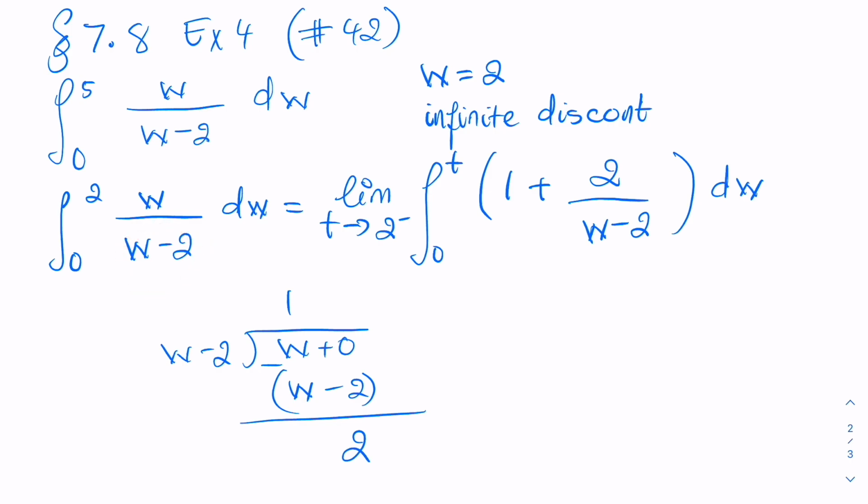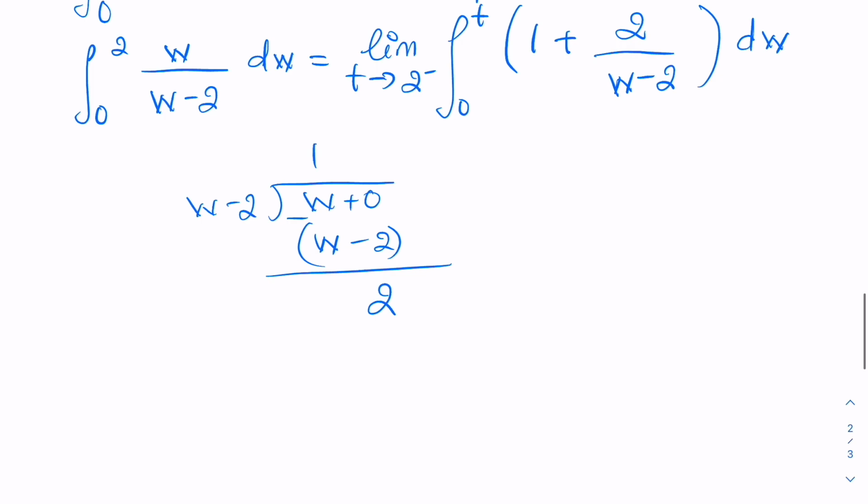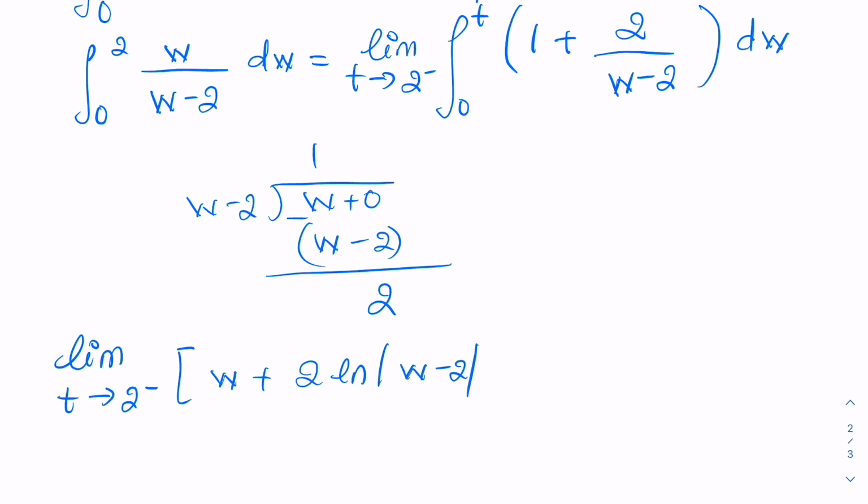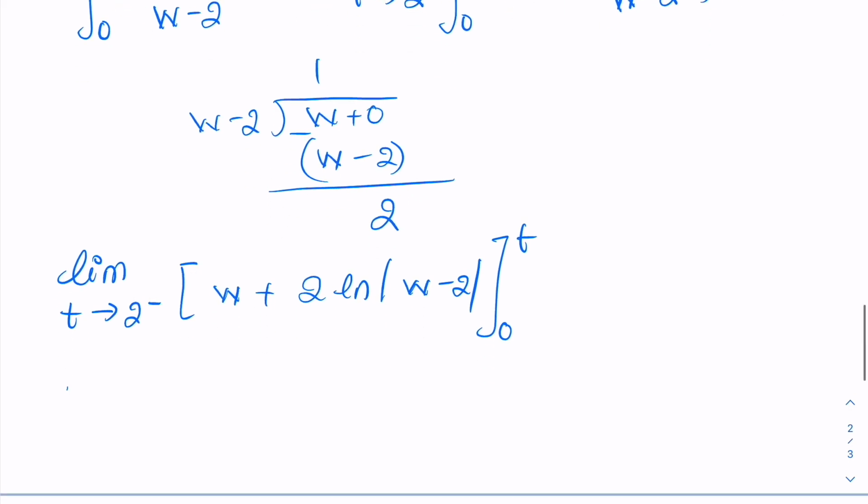Okay? Let's keep going. So we're going to take the limit as t goes to 2 from the left. That's going to be w plus 2 ln of the absolute value of w minus 2. Then we go from 0 to t. Let's try to evaluate.